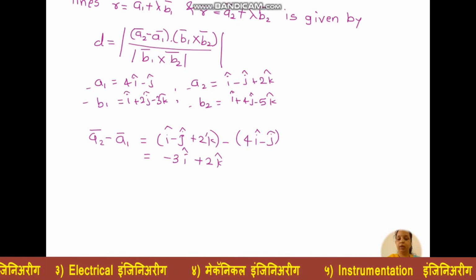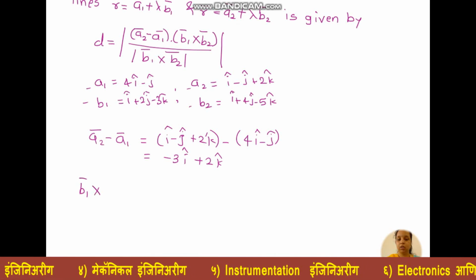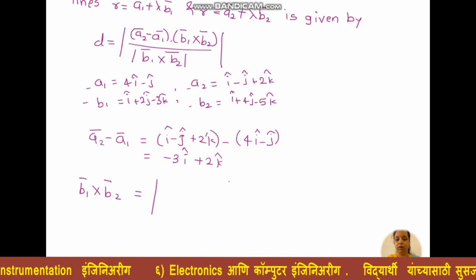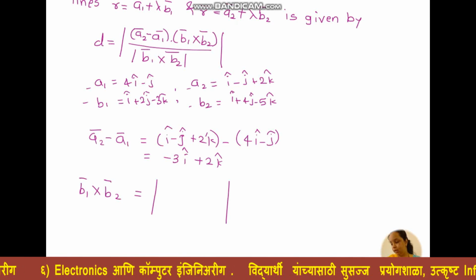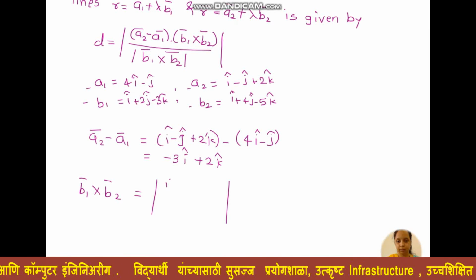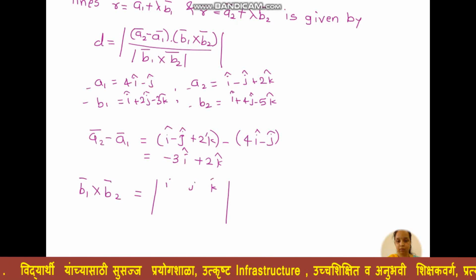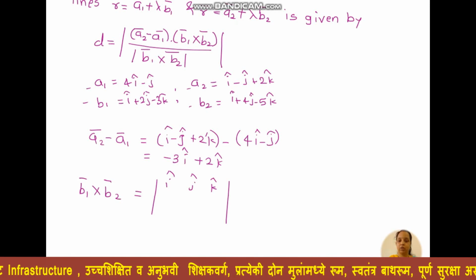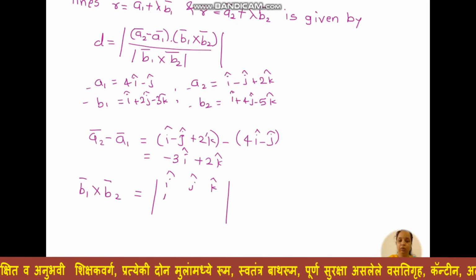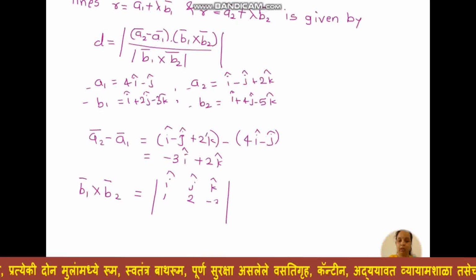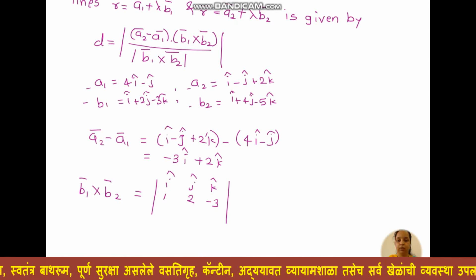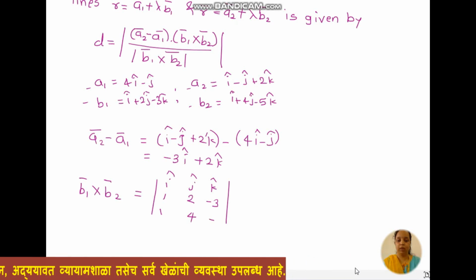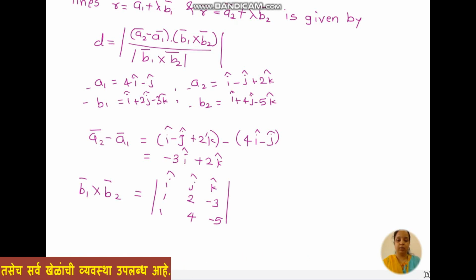Now we calculate b1 bar cross b2 bar. Its value is determinant i j k. Here write down coefficients of b1 in second row 1, 2, minus 3 and coefficients of i j k in b2 1, 4, minus 5 and then solve this determinant.